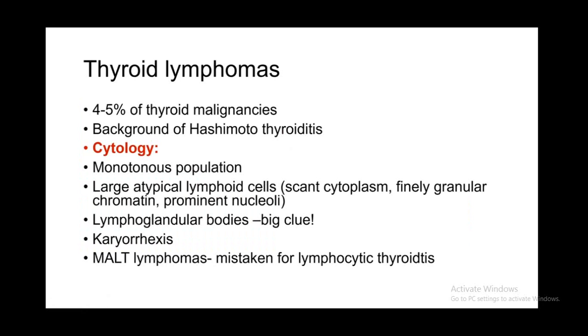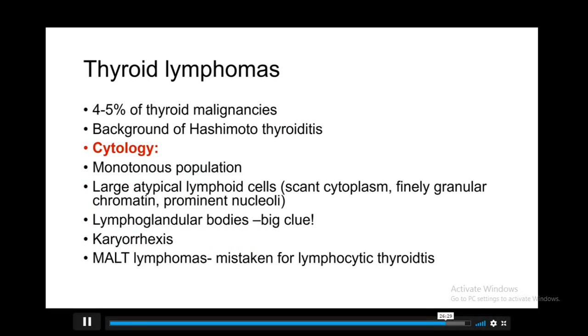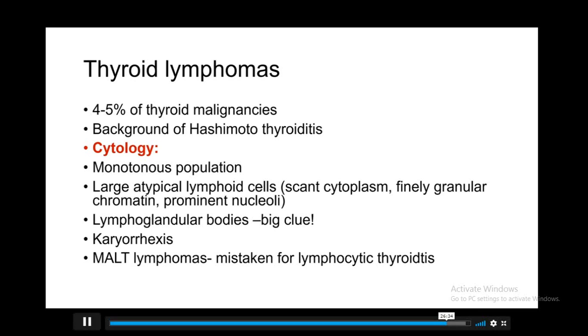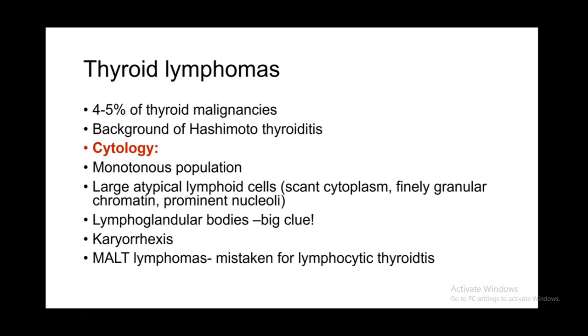Now, thyroid lymphomas are rare malignancies. Usually it is in a background of Hashimoto's thyroiditis. Cytology shows a monotonous population of large atypical lymphoid cells with scanty cytoplasm, fine granular chromatin, prominent nucleoli.